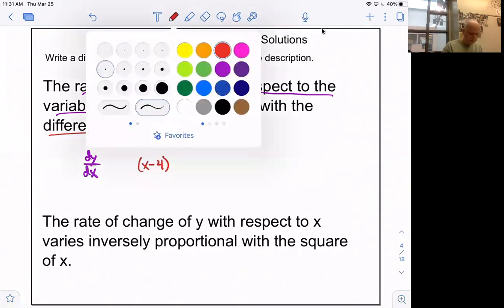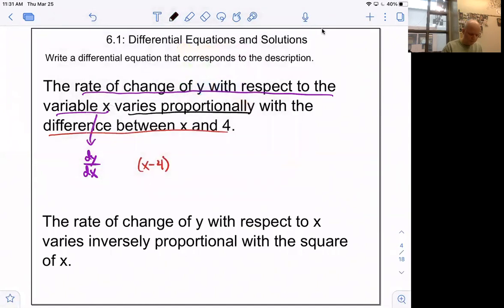And the phrase varies proportionally means that my dy dx is equal to some number k times x minus 4. So this is my differential equation from this statement. Dy dx equals k times x minus 4. Varies proportionally, we'll put a proportion or a constant in front of the x minus 4.